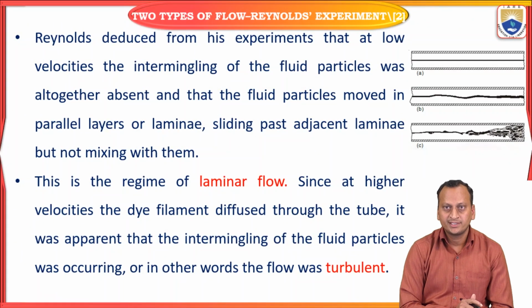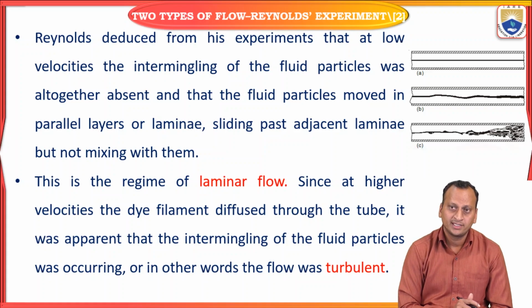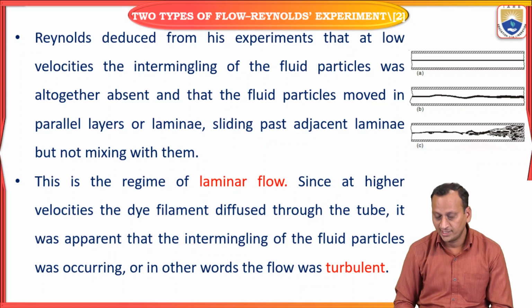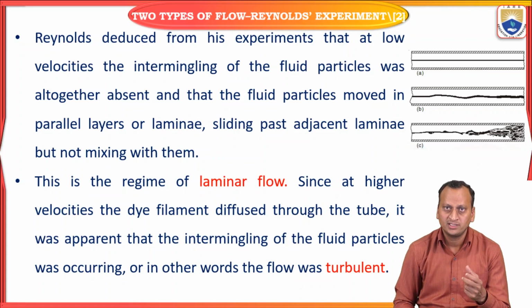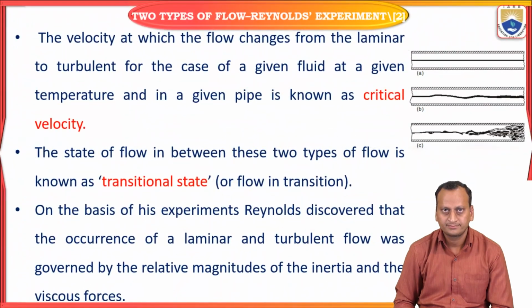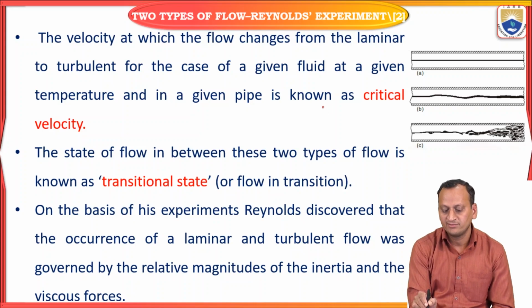So from this case, we can say what is a laminar flow, and we can understand what is a turbulent flow, based on the liquid dye while it is moving with respect to the velocity. The velocity at which the flow changes from laminar to turbulent in case of a given fluid at a given temperature and in a given pipe is known as critical velocity.